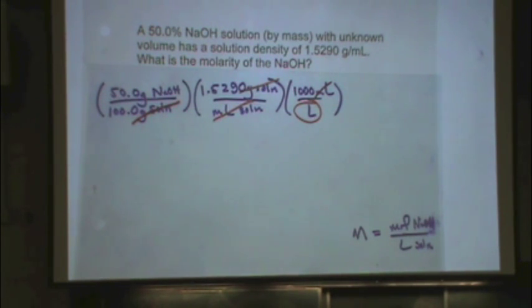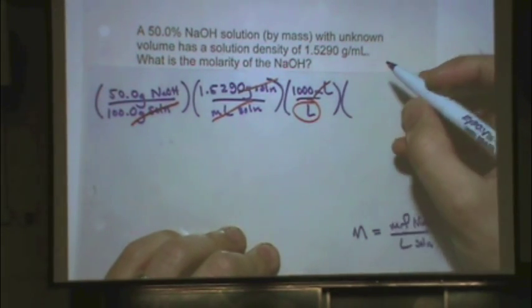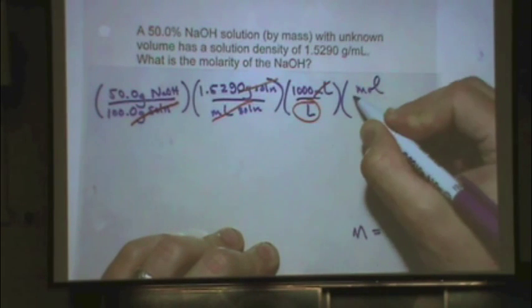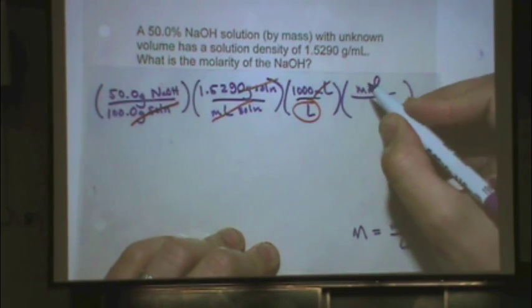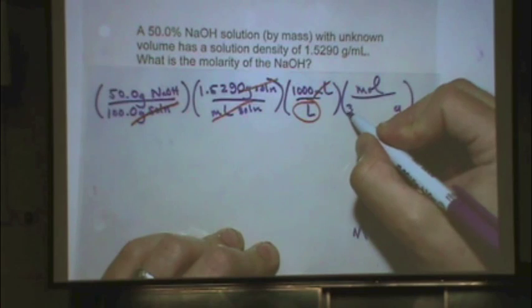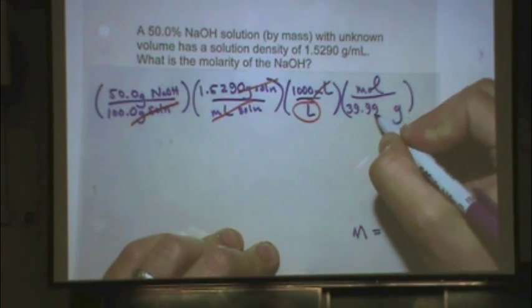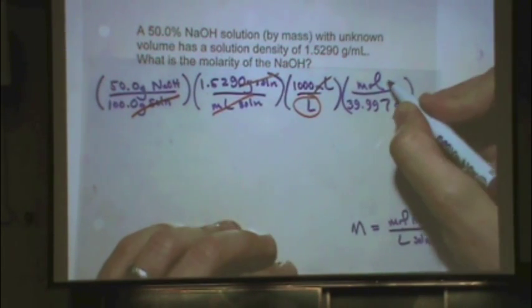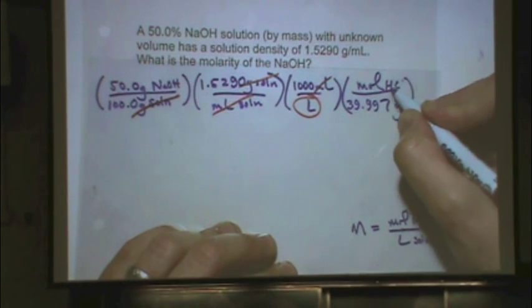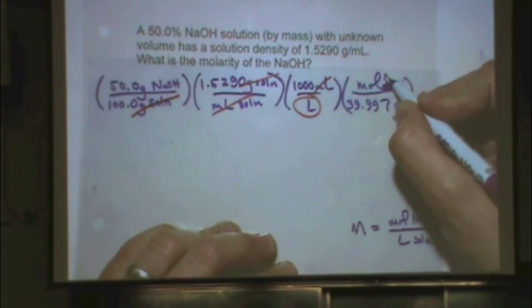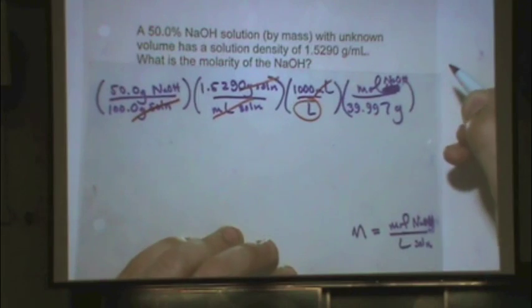Now let's work on the numerator. Right now the numerator is grams of sodium hydroxide. I don't want grams, I want moles. So this is going to be a one-step for this part. We'll say, well, using the periodic table, there are 39.997 grams per mole of sodium hydroxide, NaOH.